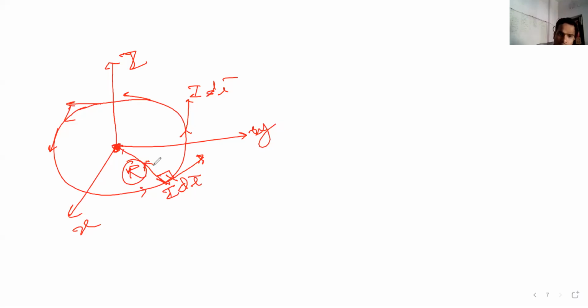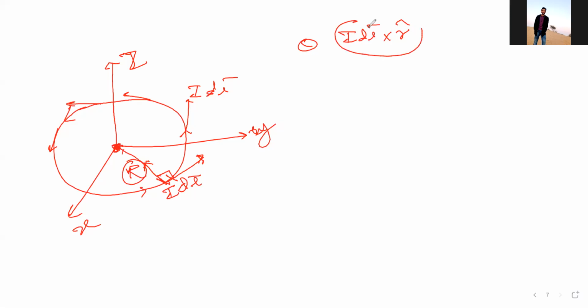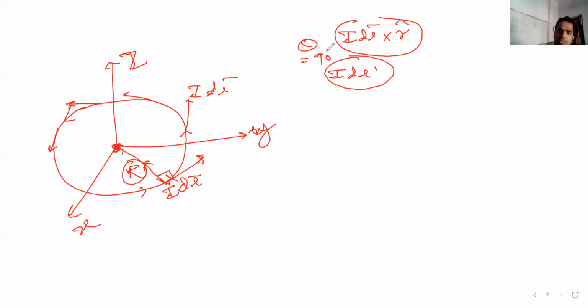So our theta, the angle between Idl bar and r cap, because we are taking the cross product, is 90, and we know sine 90 is 1. So this becomes Idl sine theta, but sine 90 is 1, so Idl.